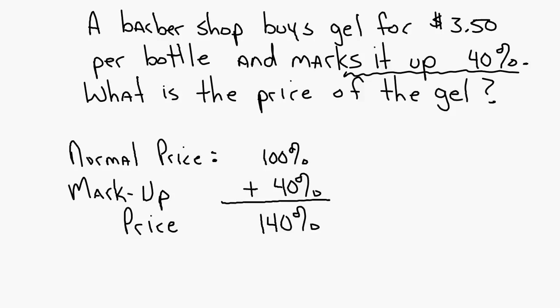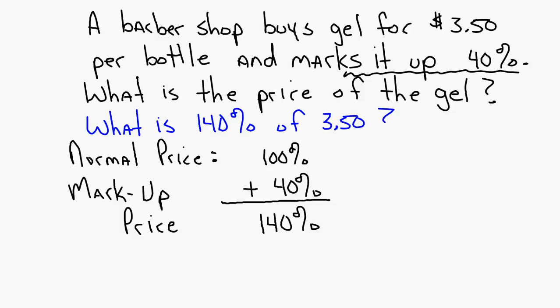So isn't the real question here, what is 140% of 3.50? That's the question you have to answer. You just have to pull the information out of the problem. So here's your template. The is what we're trying to find.